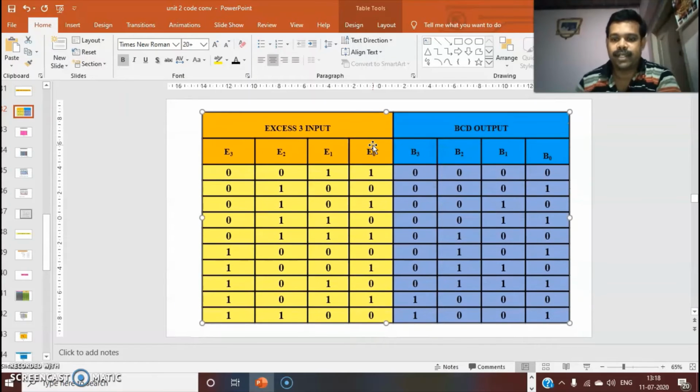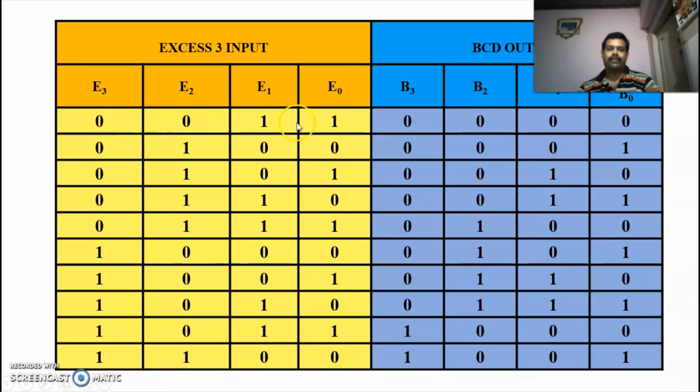Okay, this is your table. So first you have to write from 0 to 9. Then XS3 you have to write from 3 to 12. So the XS3 of 9 is nothing but 12. So we have completed the truth table. So we are converting from XS3 to BCD.